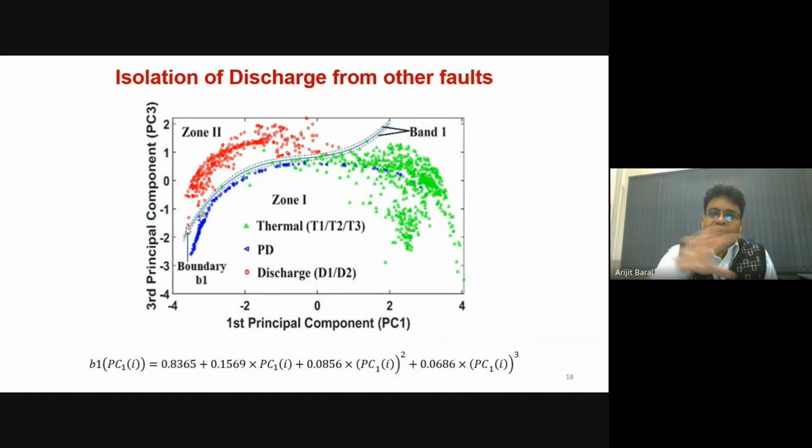Now see, previously in Duval's pentagon, we have seen that if you plot all the faults together, it was creating a completely messed up picture. But if you are talking about these 11 features and you find out the principal components and plot the third principal component as a function of the first principal component, you can easily see that a clear boundary can be defined which actually separates out the discharge from the thermal and PD fault.